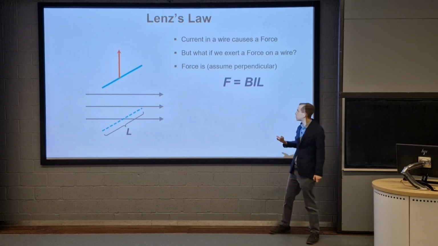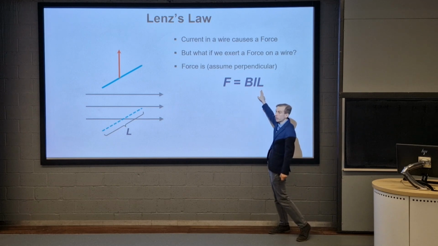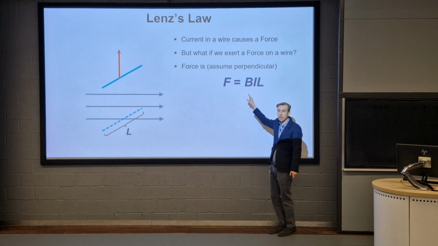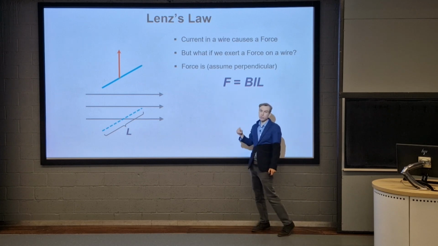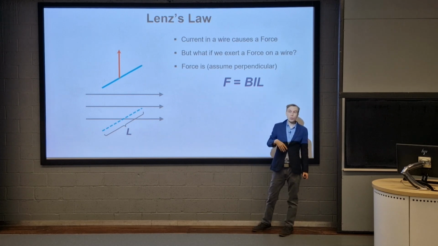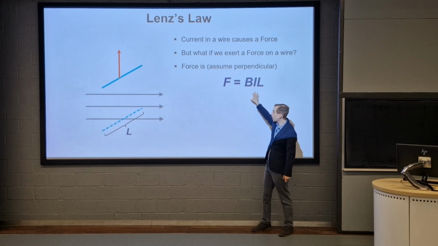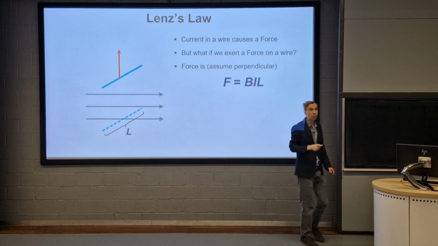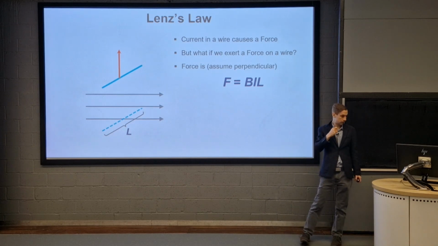Last week we saw that if we have a wire of length L with a current of I in a magnetic field of B, it's going to have a force equal to this. So if we do the opposite, if we come along and exert this force, we're going to be producing this current, and that's what Lenz's law tells us.